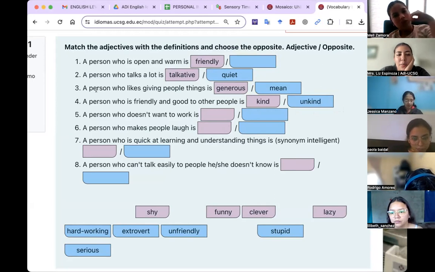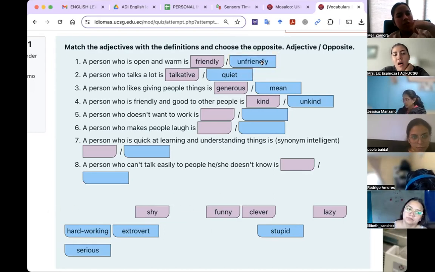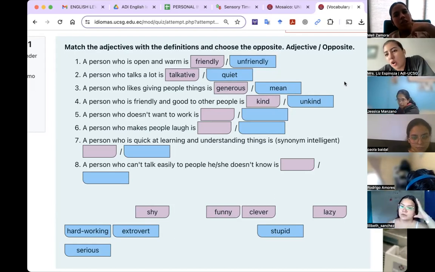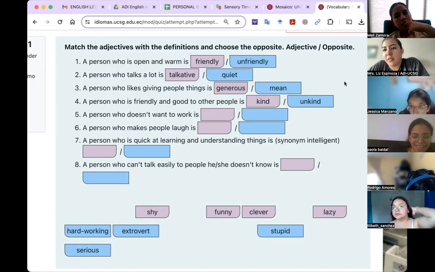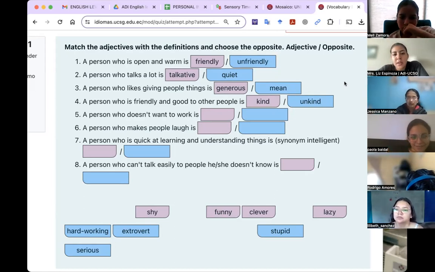So let's go backwards to a person who is open, warm, and friendly. What is the opposite of friendly? Unfriendly. You don't say it like that, it's unfriendly. Okay, so then it's better.